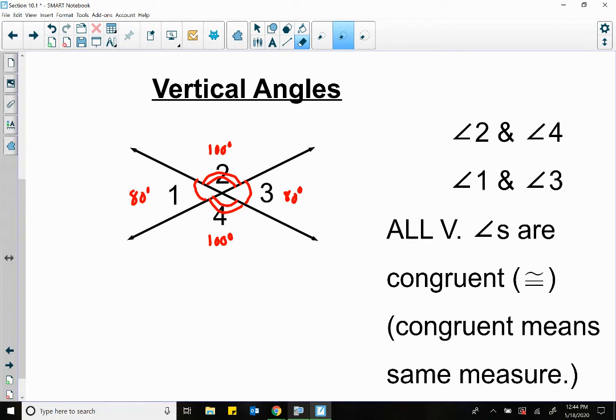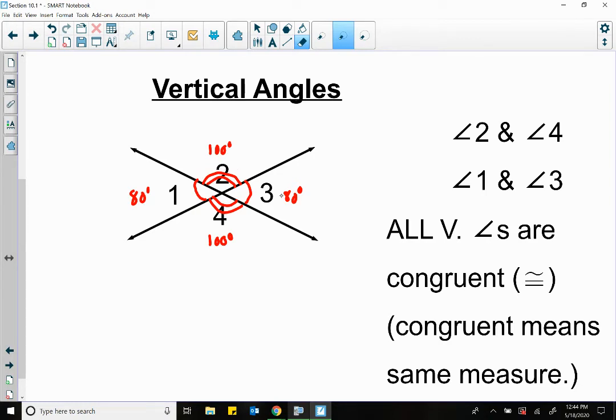Other things that you can see in this picture, kind of cool. You have vertical angles, and I know that this is 80 degrees if this one was 100, because if you look at 1 and 2, these are a linear pair. So not only with vertical angles, you also get linear pairs.